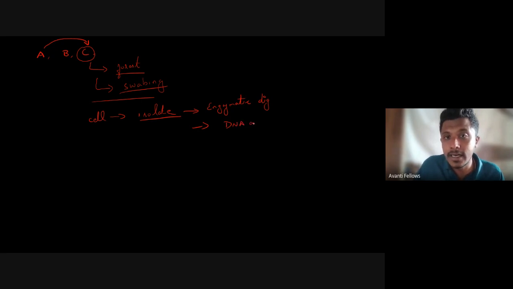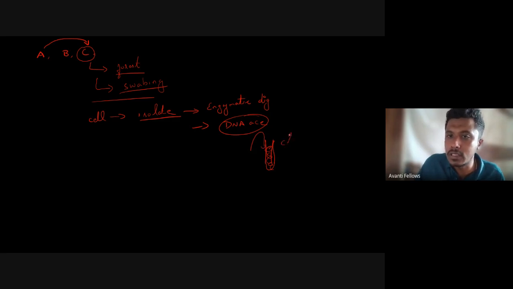Except for DNase, we use all the other enzymes to digest the cell. So now in the suspension, you will have a test tube, and the test tube will be in liquid form. You cannot see basically.